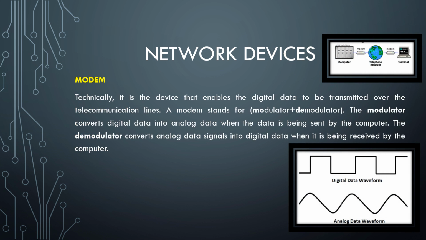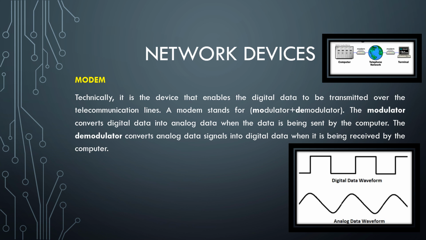As the name suggests, it is called modem, which stands for modulation and demodulation. You can see over here also it is modulator plus demodulator. If you see the first diagram, you can understand that if we wanted to send any information or data from one computer to another computer via a network, the problem is that a computer network works with digital waves.